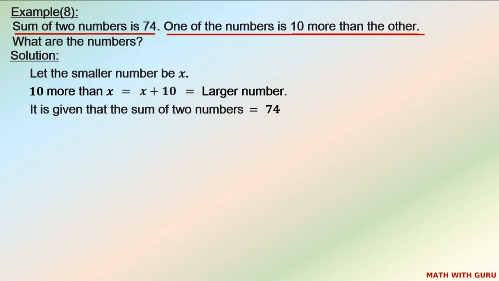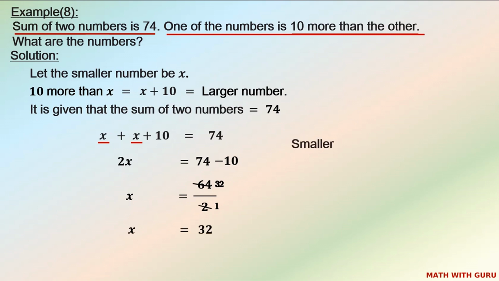Now, how do we form the equation? x, the smaller number, plus x plus 10, the larger number, equals 74. It's quite simple, isn't it? x plus x is 2x, plus 10 equals 74. Let us solve this equation. 2x equals 64. x equals 64 divided by 2, which is 32.